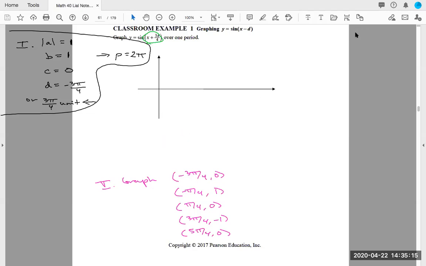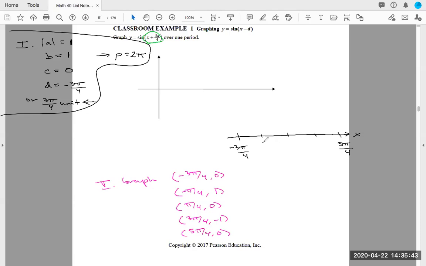Okay, so if you have trouble with spacing here, just go ahead and make your line for x values, and then put your values, -3 pi over 4 up to 5 pi over 4. Middle, middle, middle.